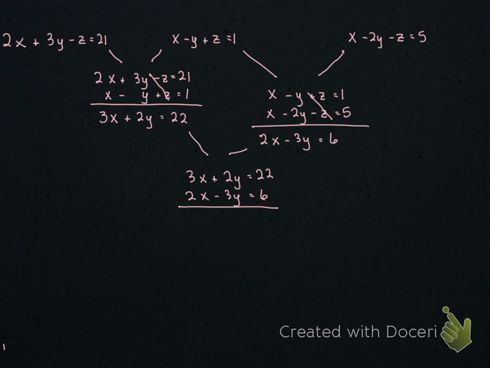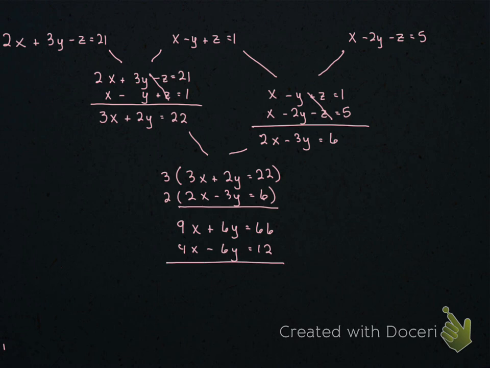Well, the y's, I've got a positive 2y and a negative 3y, so it would be easier to just eliminate the y. The least common multiple is 6, so I'll multiply the top by 3 and the bottom by 2. My new system, distributing the 3 all the way through, is 9x plus 6y equals 66, and 4x minus 6y equals 12.